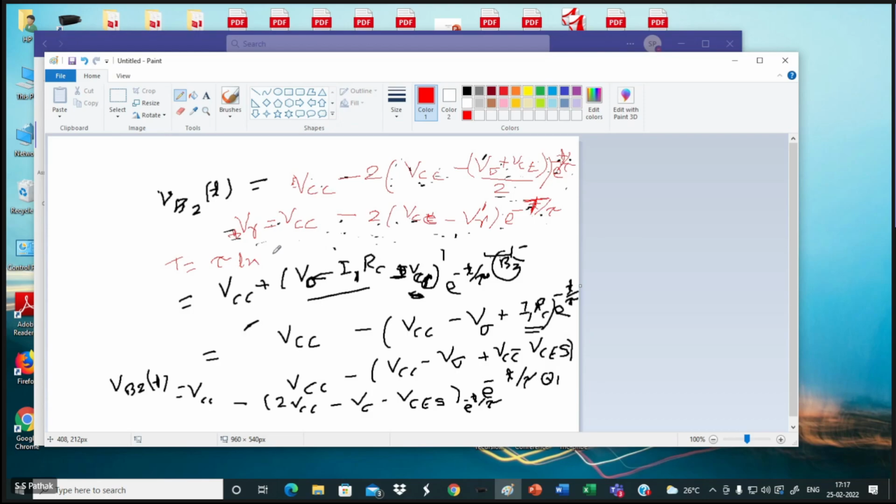And what is my tau? Here is my VCC. Here is my R. Here is my C. Here is my RC1 Thevenin's equivalent resistance, and here is the VC1 Thevenin's equivalent voltage.